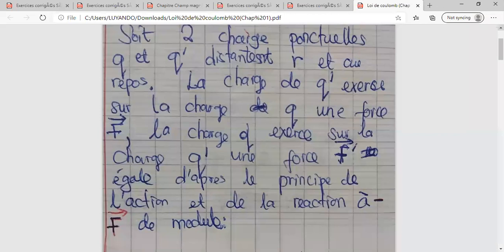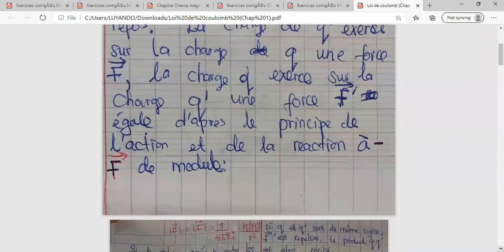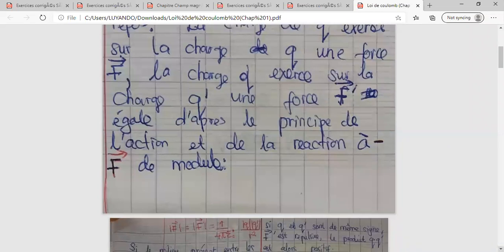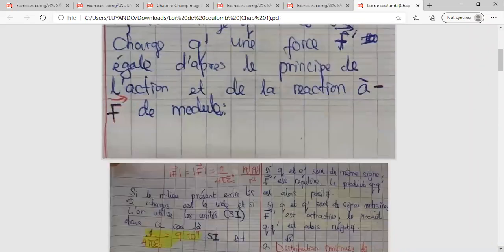F is the force that the charge is going to give out. F is given by the formula 1/4π epsilon 0 multiplied by QQ' over R squared.